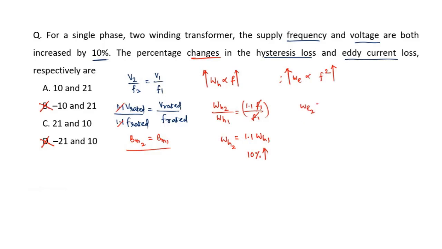Similarly, for eddy current loss it will be 1.1 whole square, F1 by F1 cancelled, into WE1. So it will be 1.21 times WE1, which means 21% more. So hysteresis loss increases by 10% and eddy current loss by 21%. Hence the option is A. Okay, I hope it is clear.